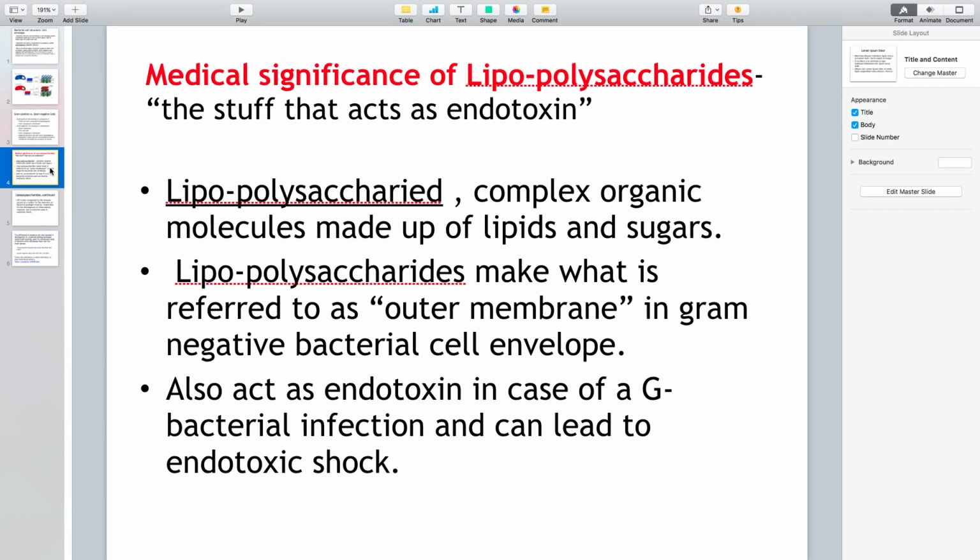Lipopolysaccharide make what is referred to as the outer membrane in gram-negative bacterial cell envelope. This substance acts as endotoxin in case of a gram-negative bacterial infection and can lead to a life-threatening condition referred to as endotoxic shock.